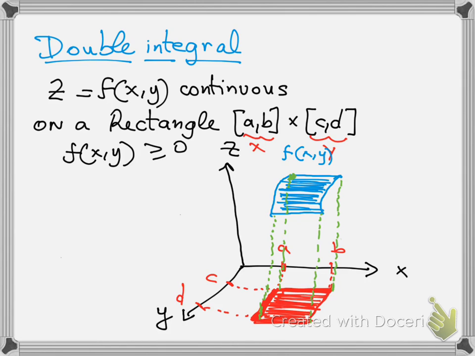Okay, so now you don't get an area, but you get a solid, right? The solid which lies between the rectangle and the graph of f of x, y. So you get this solid here, this one here.